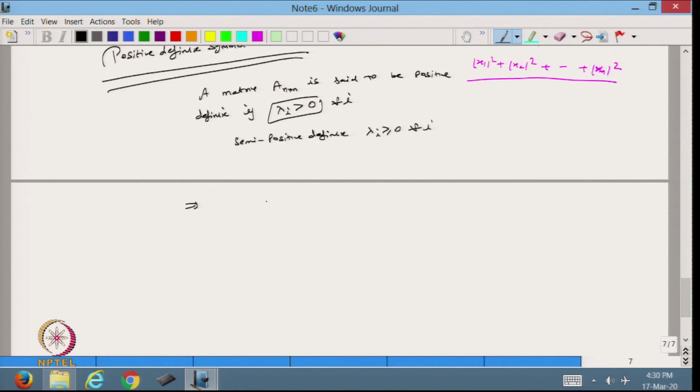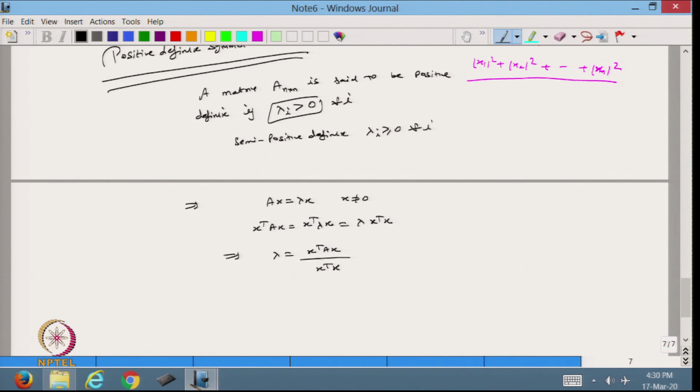So, from here I know how to find the eigenvalue. I can find the eigenvalue as Ax is equal to lambda x, where x is not equal to 0 and lambda is my eigenvalue. I can multiply this with x transpose, and from here I can write lambda x transpose x is equal to x transpose Ax.